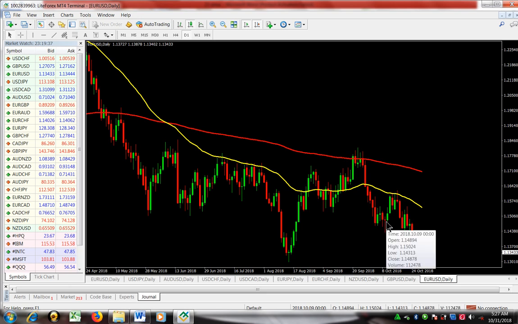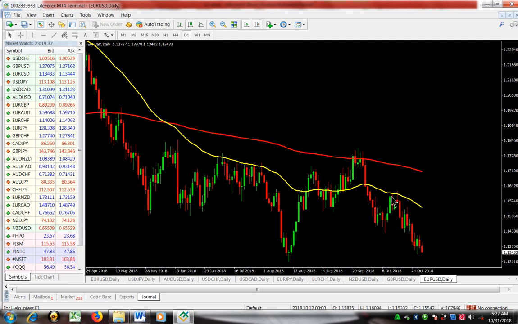Then we expect a retracement towards the 50, towards the yellow moving average. And once we get to the yellow moving average, because this is a downtrend, the moving average is going to offer resistance to price movement. It's going to offer a resistance.